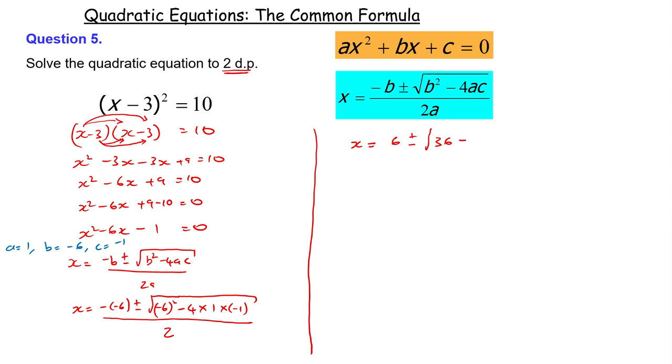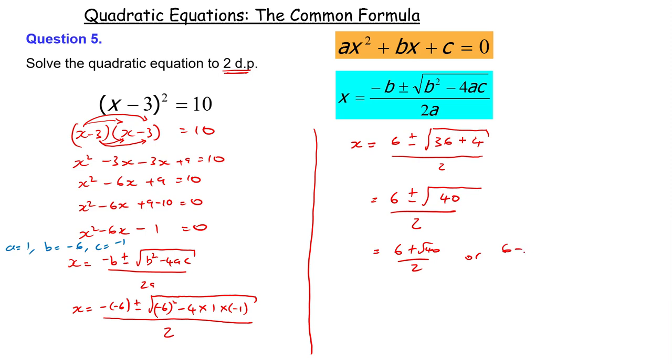Now then, I've got minus 4 times 1 times minus 1, so 2 minuses, because that plus there, so it'll be plus 4, all over 2, which is equal to 6 plus or minus the square root of 40 all over 2, which is equal to 2 solutions, 6 plus the square root of 40 over 2, or 6 minus the square root of 40 over 2.